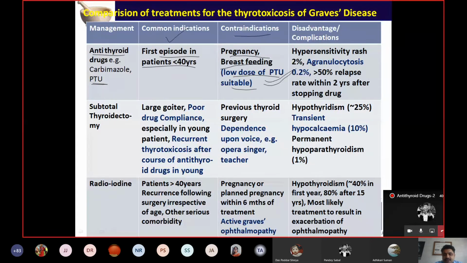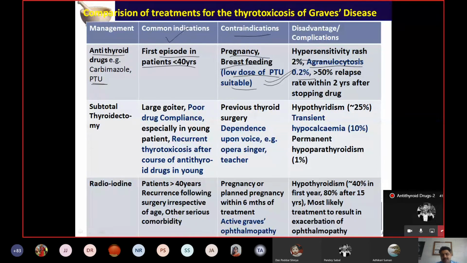The disadvantages or complications are hypersensitivity reactions and agranulocytosis, which is around 0.2%. I have already said agranulocytosis is rare, but it is a very important side effect. So you have to be cautious while prescribing.